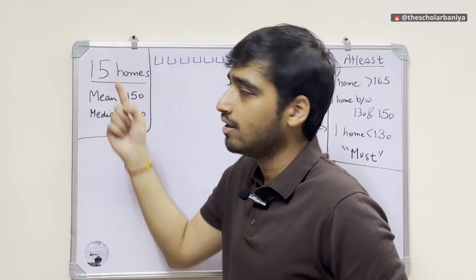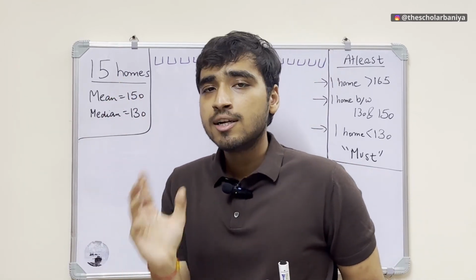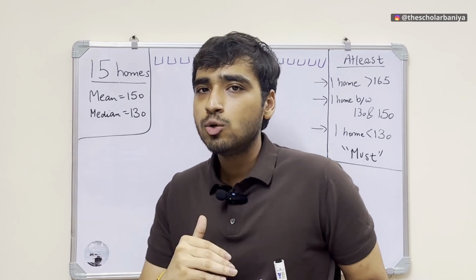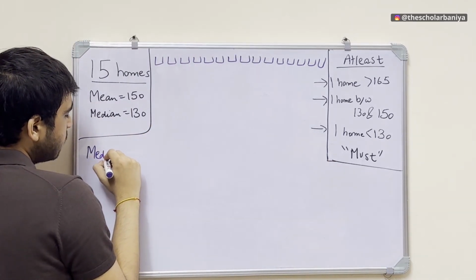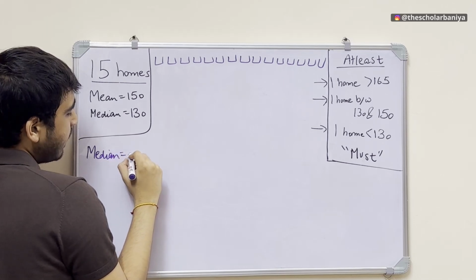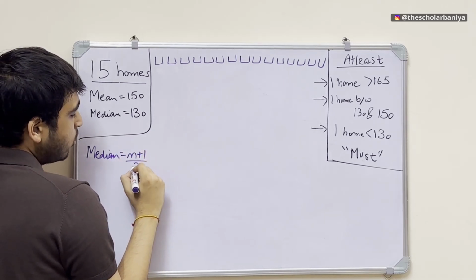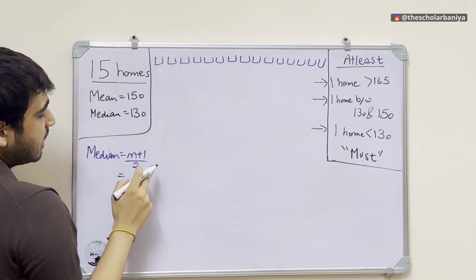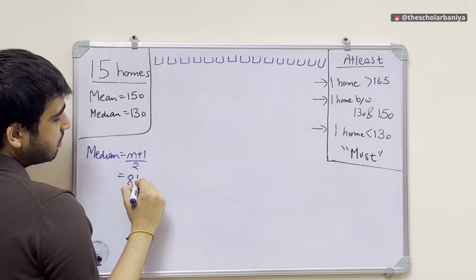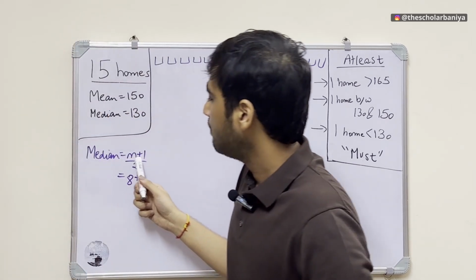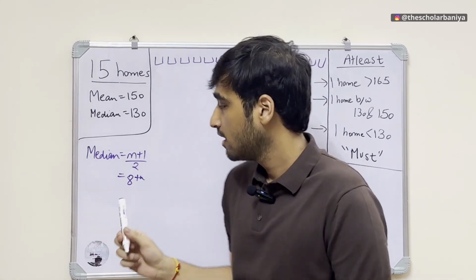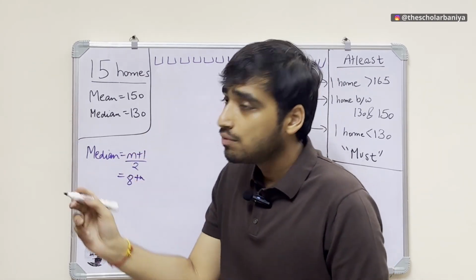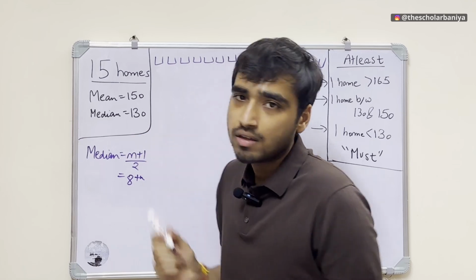Why? Because n equals 15 is odd. So the median will be n plus 1 by 2, which is 15 plus 1 by 2, which is 16 by 2, so 8. That means the price of the 8th home is 130, right?